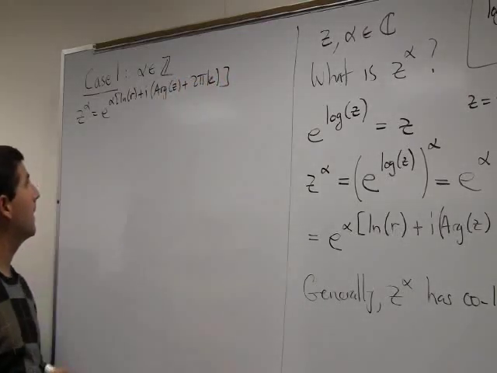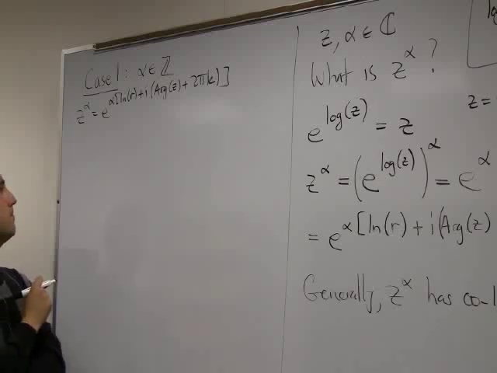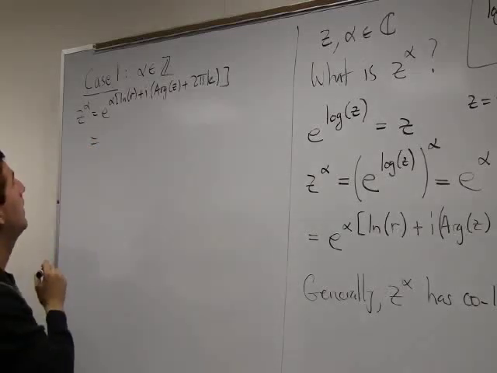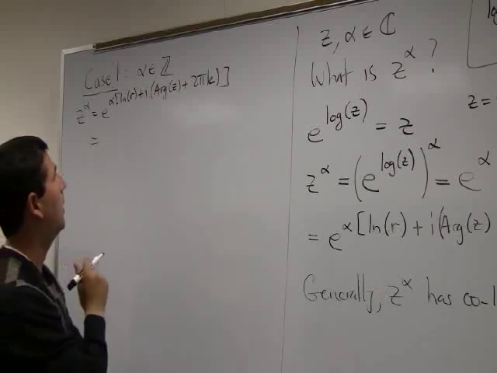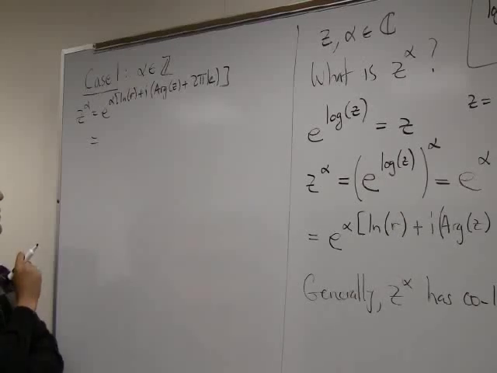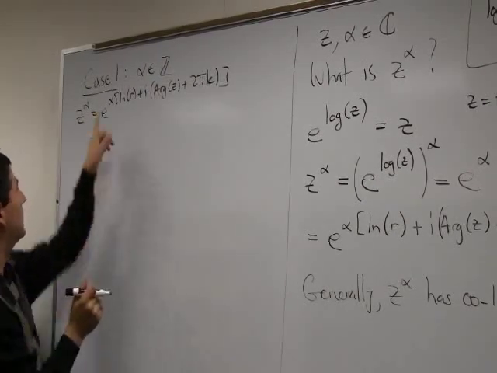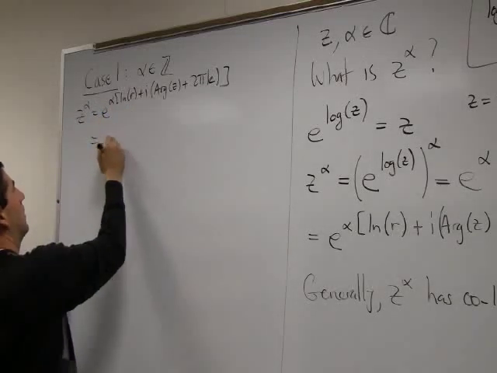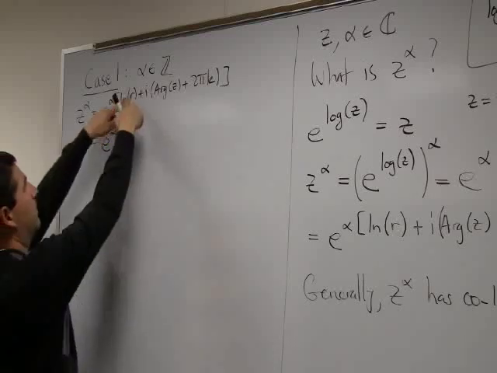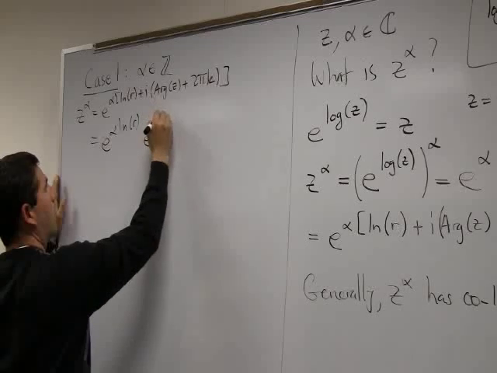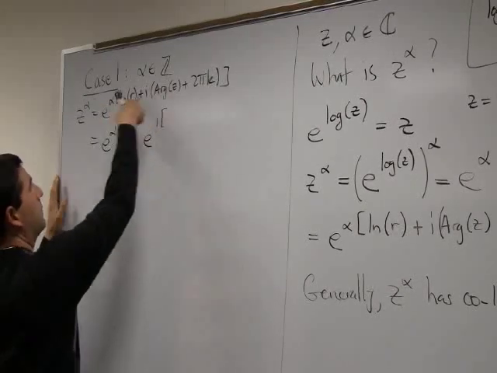Okay, so let's see here. Well, the first thing is, what's the argument of z going to be? Well, we don't know. What's alpha going to be? Well, alpha is just some integer. So let's multiply it through and break this up into two bits. I'll multiply the alpha all the way through.